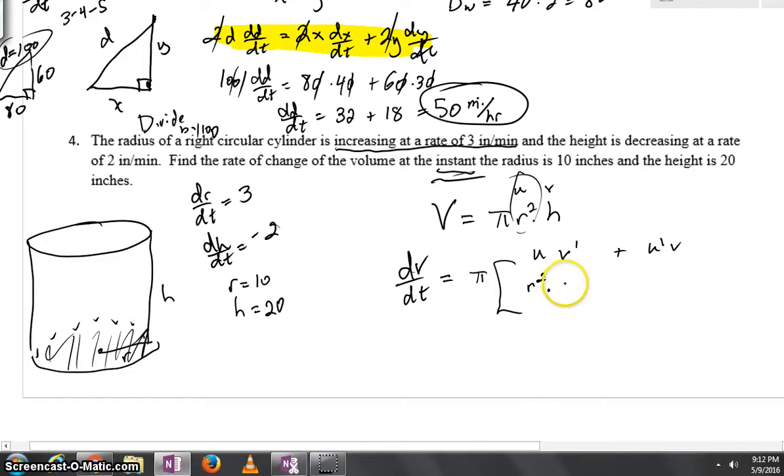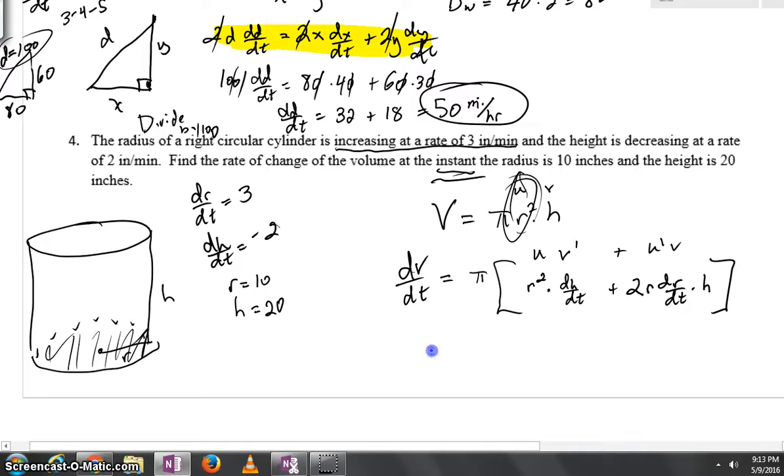What's the derivative of h with respect to time? Well, it's dh/dt. U prime. Well, what's the derivative of r squared? It's 2r dr/dt. And what about v itself? Plain and simply, that's just h.